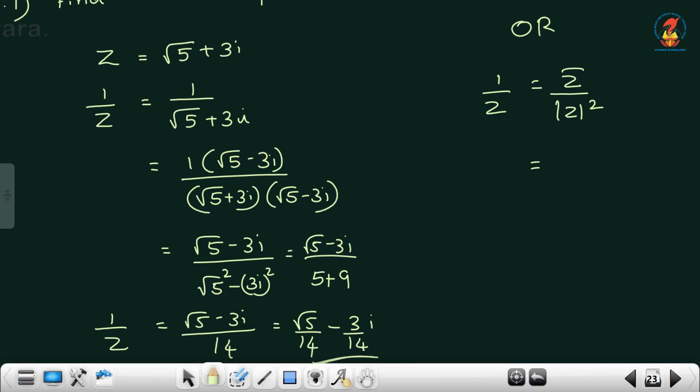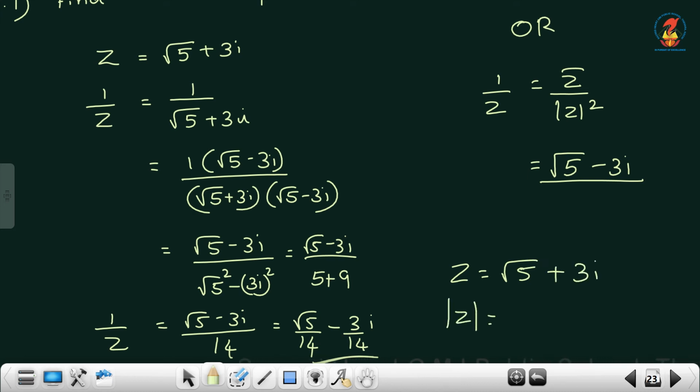What is z bar? Z is root 5 plus 3i, so z bar is root 5 minus 3i. Then what is mod z square? Mod z means root of a square plus b square. A square means root 5 square, plus b square. Just the number, don't take i. So it is 5 plus 9, that is equal to root 14.